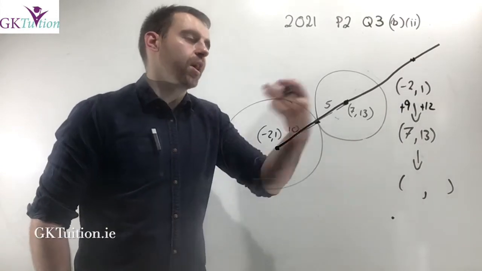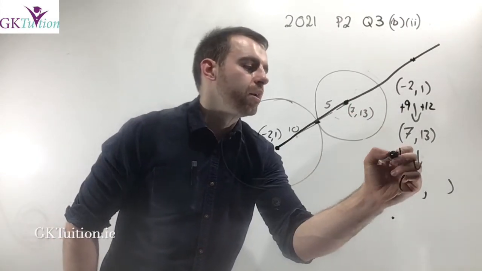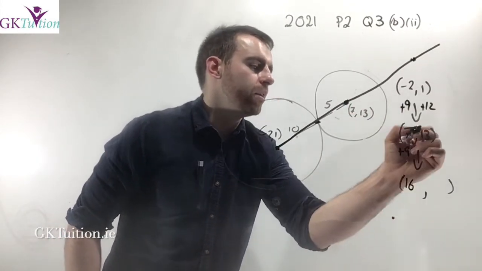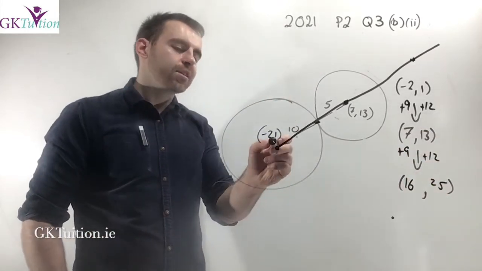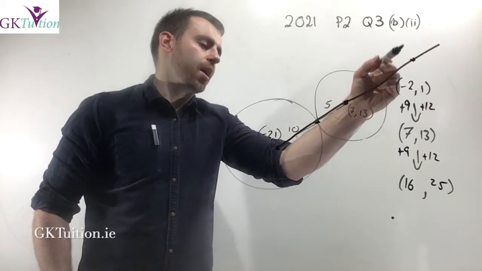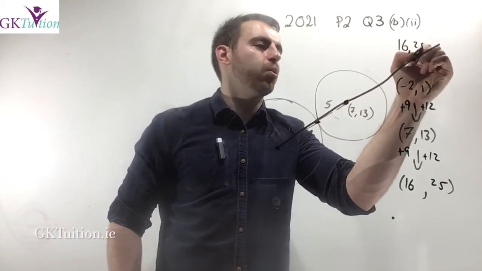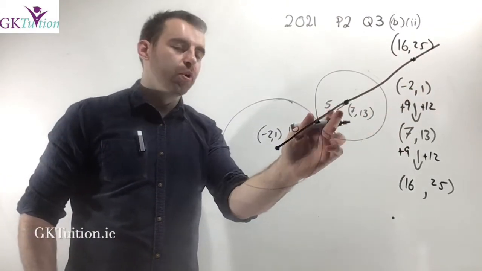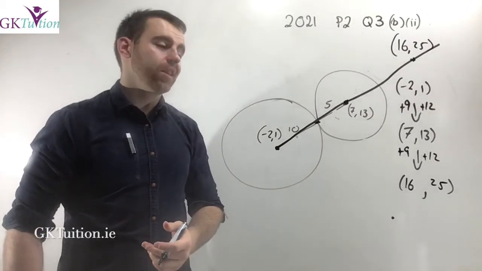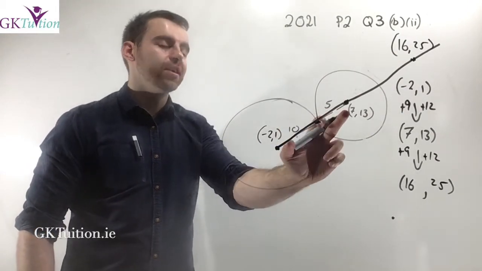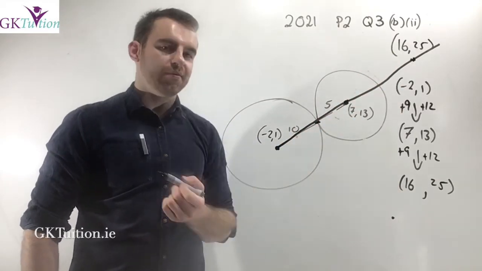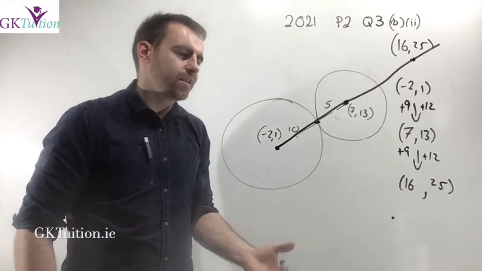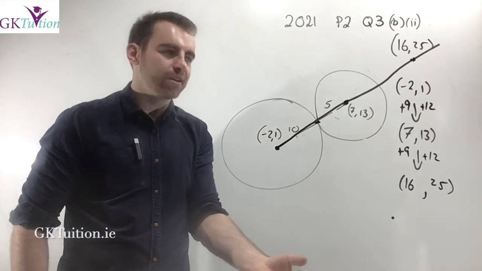If I do the same thing again, I go up another 9: 7 and 9 gives me 16, and 13 plus 12 gives me 25. I can immediately say that this point, the point 16, 25, and this point all lie on the same line. Essentially, I'm making 7, 13 the midpoint of minus 2, 1 and 16, 25. But it's very easy maths, and you do it in almost 30 seconds.